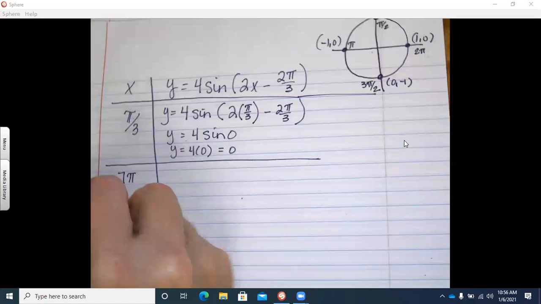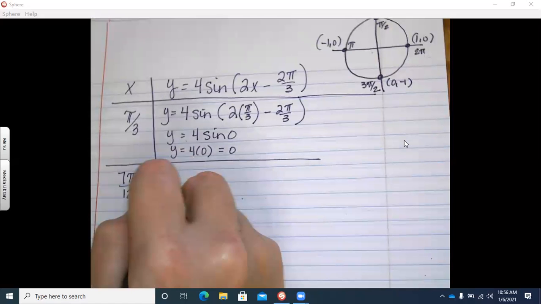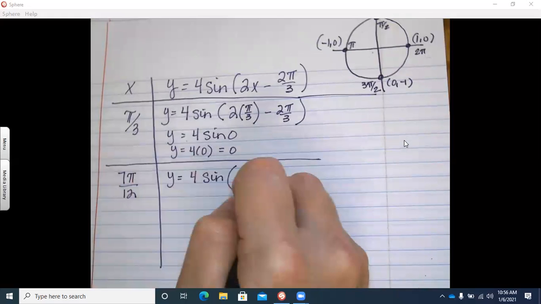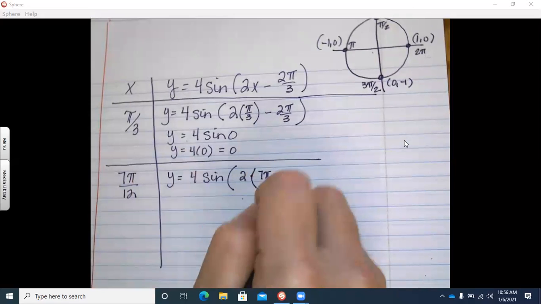So we have y equals 4 times the sine of 2 times 7 pi over 12 minus 2 pi over 3.